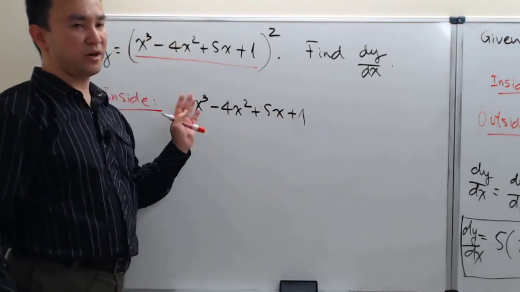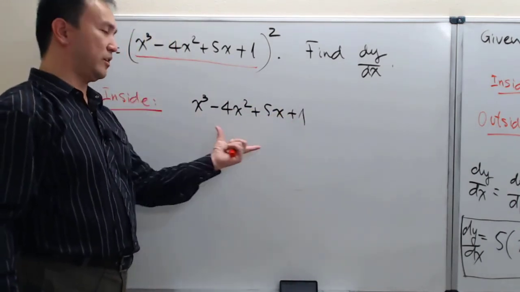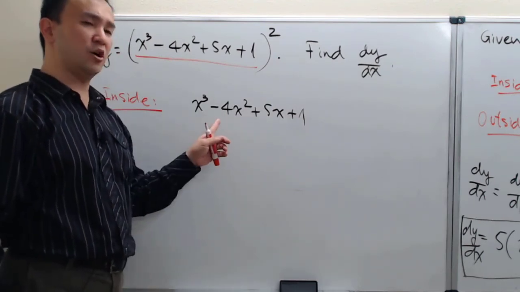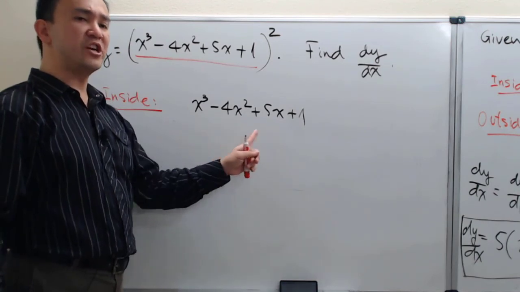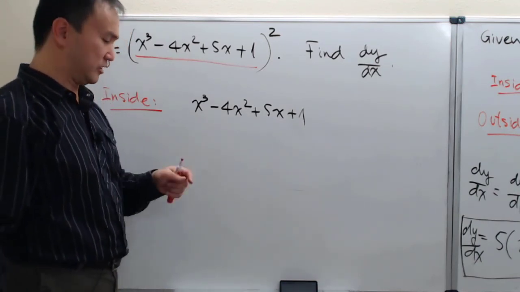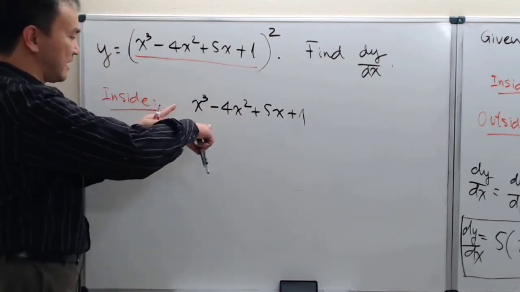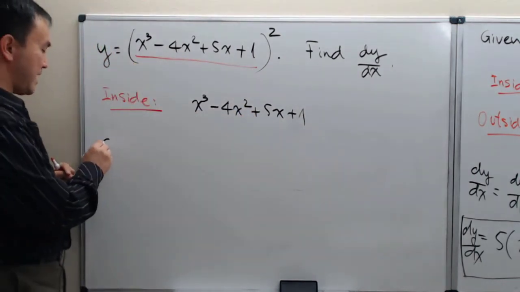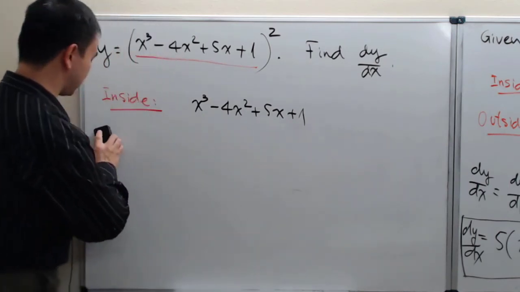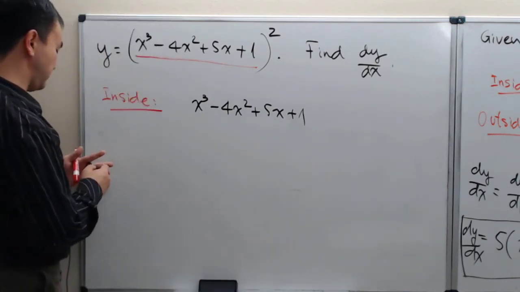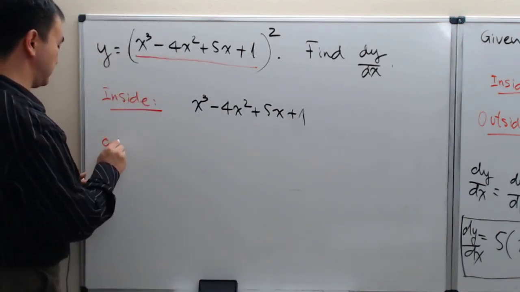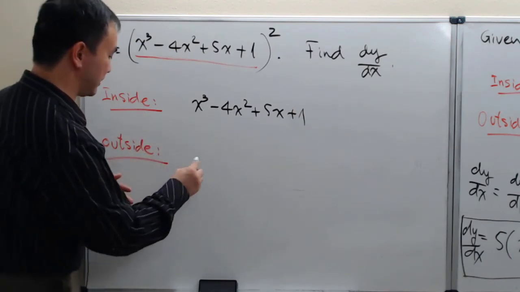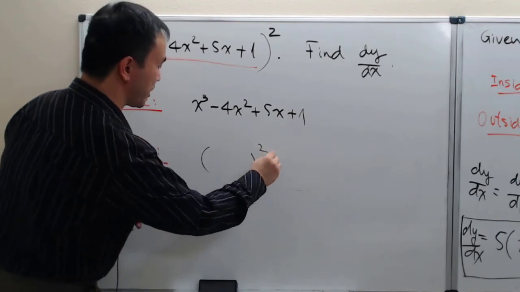See, and at this point I'm going to start going a little skippy here. Somebody can regard that as a new variable u. That's fine, go with that. Somebody can go with that as a function g of x. That's fine with me too. I don't even care about writing that. I'm just pointing out, hey, this is my inside. Okay, and then my outside is that function, all that squaring right there.